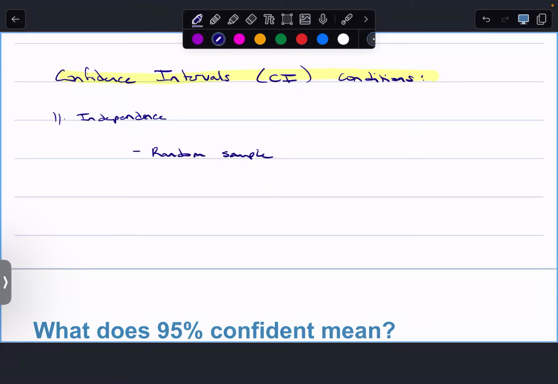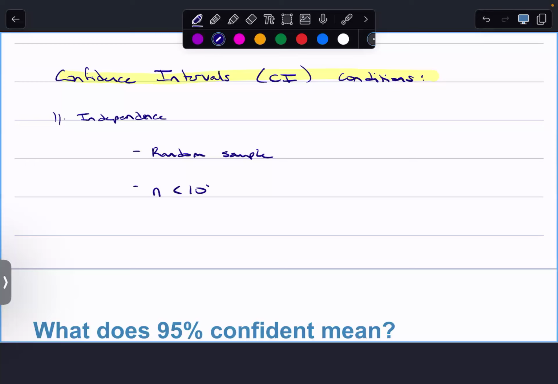Now we talked about, what if it doesn't say explicitly that the sample was randomly selected? Then we have to assume that it was randomly selected, so we state that that's something we're assuming happened. It feels weird in the beginning, but those are the conditions. We need to either have it stated explicitly or say that we're assuming it.